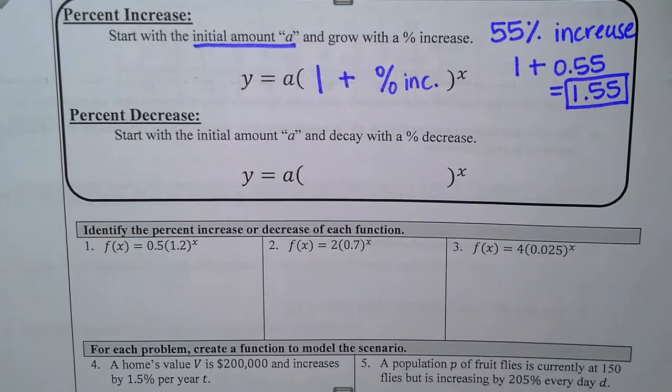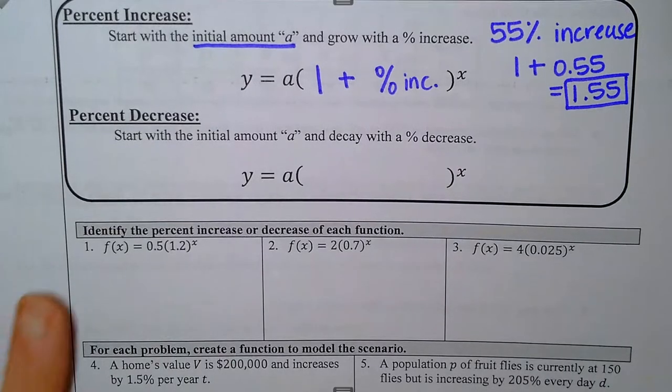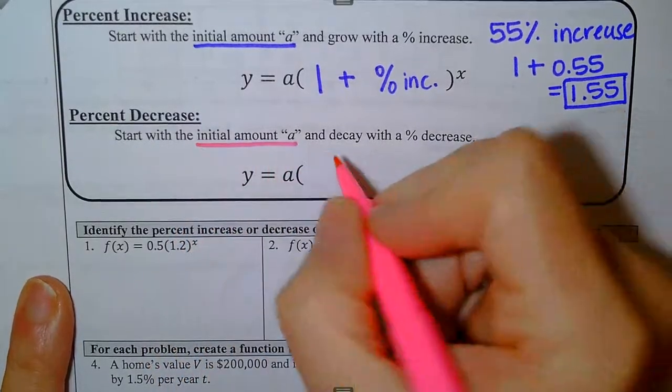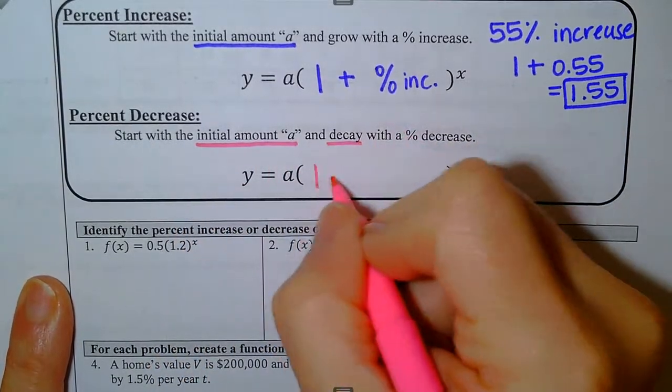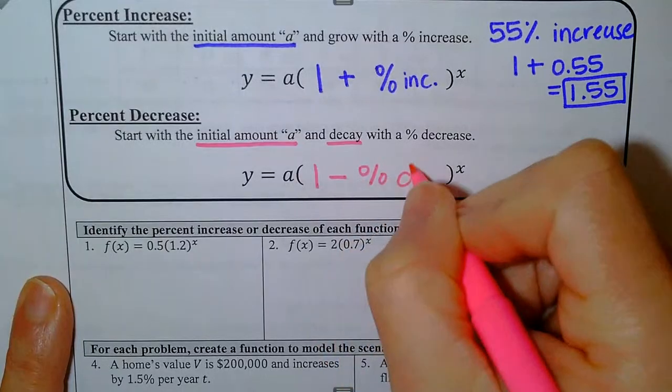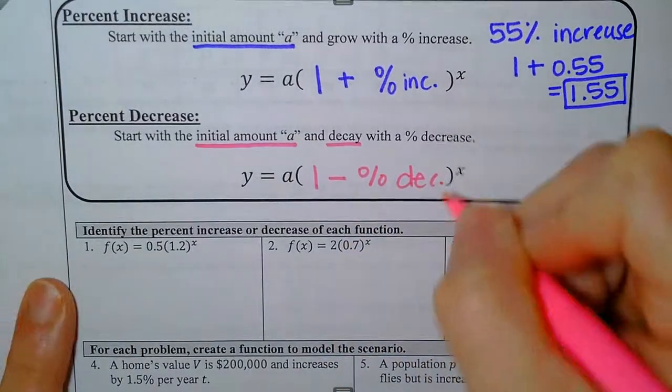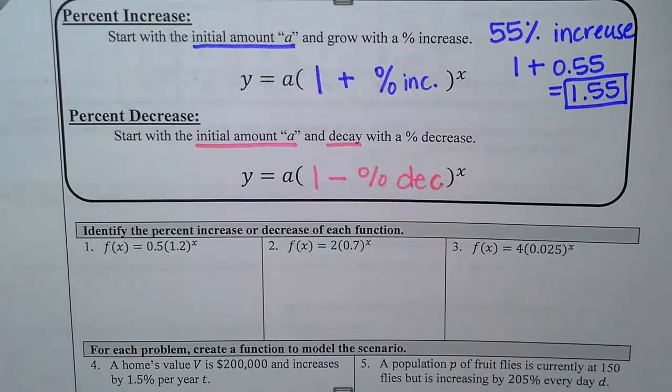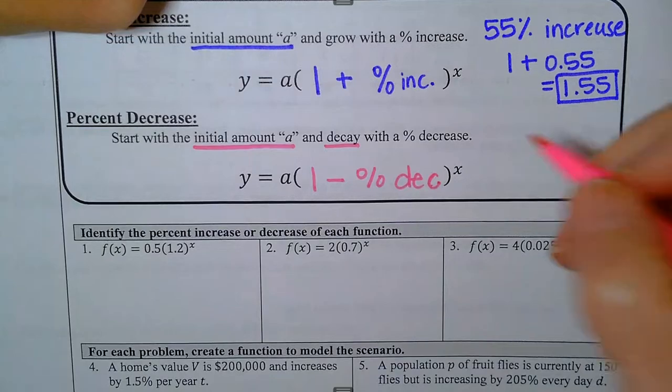They use this all the time in banking and in science, right? So initial amount A, and if it's decay, it's the same thing. It's 1 minus the percent decrease. This is where it gets a little bit confusing sometimes for kids.